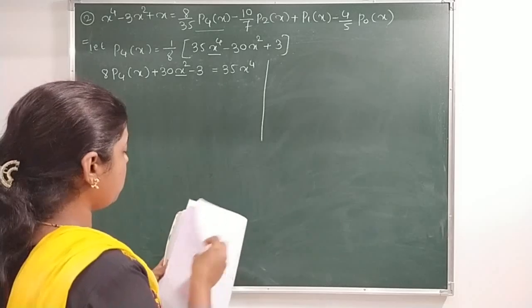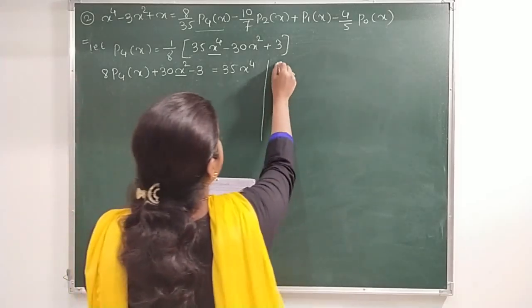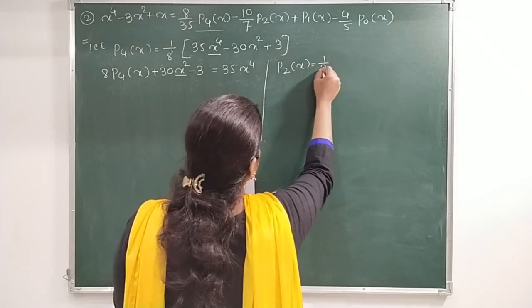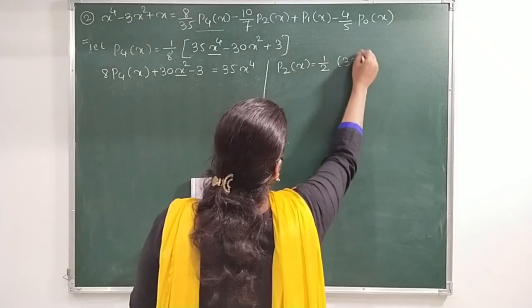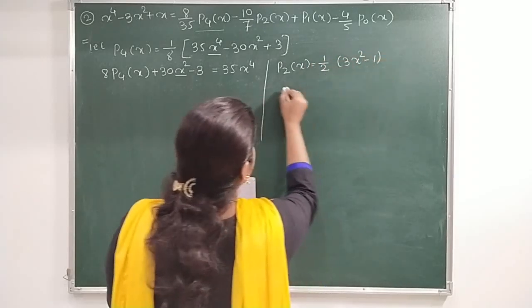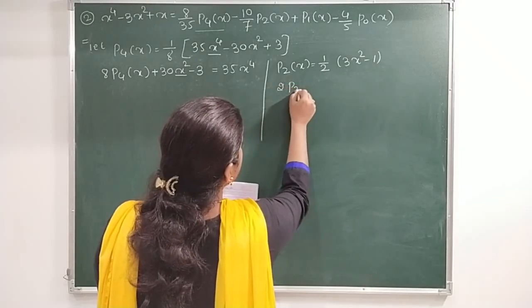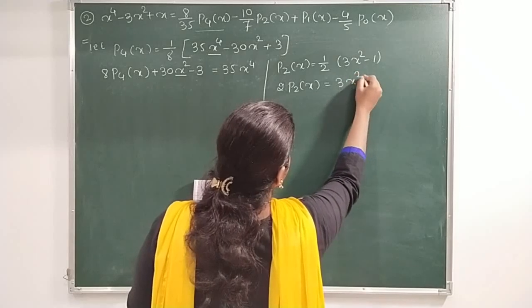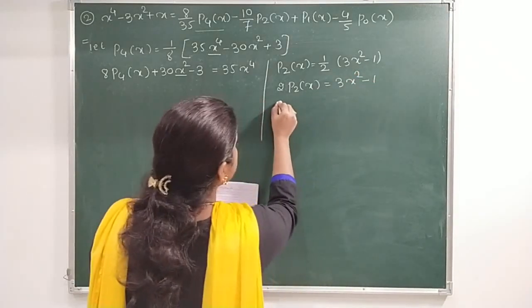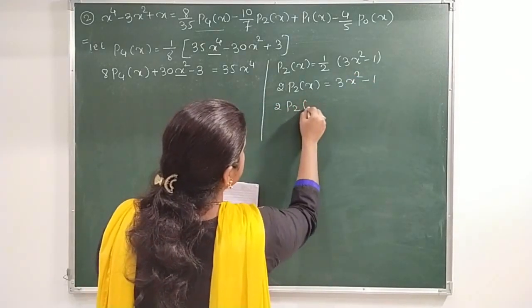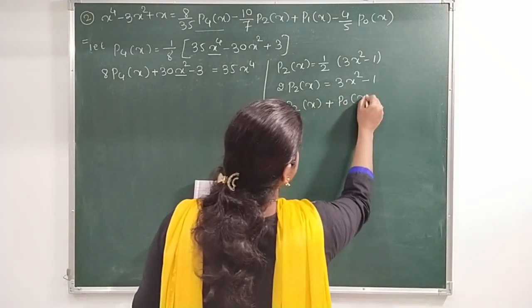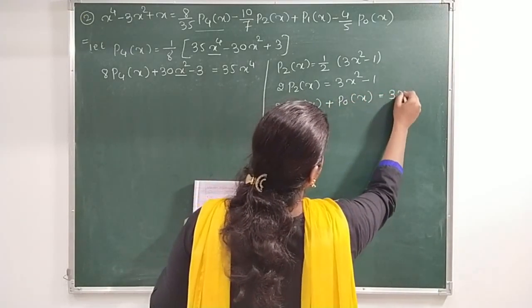What is the P2 of x term? P2 of x is equal to 1 by 2 (3x square minus 1), and this becomes 2P2 of x is equal to 3x square minus 1. The 1 is nothing but P0 of x, that also you have to replace. Plus P0 of x is equal to 3x square.